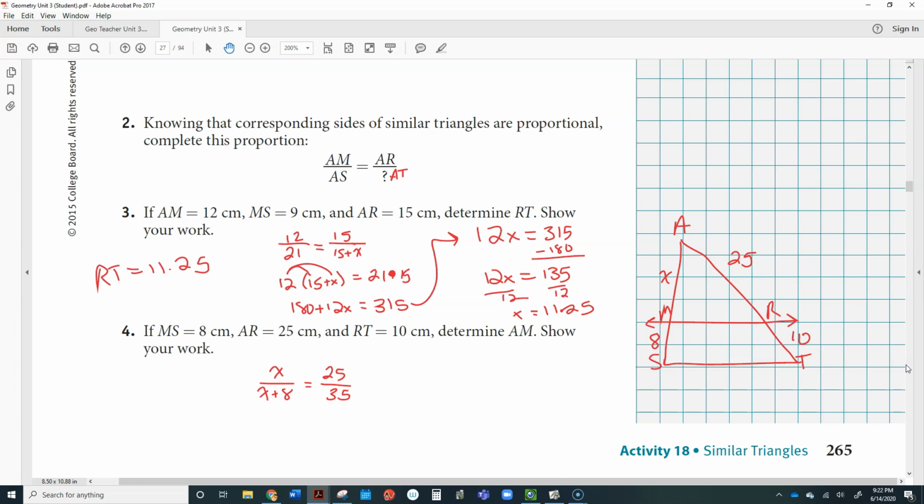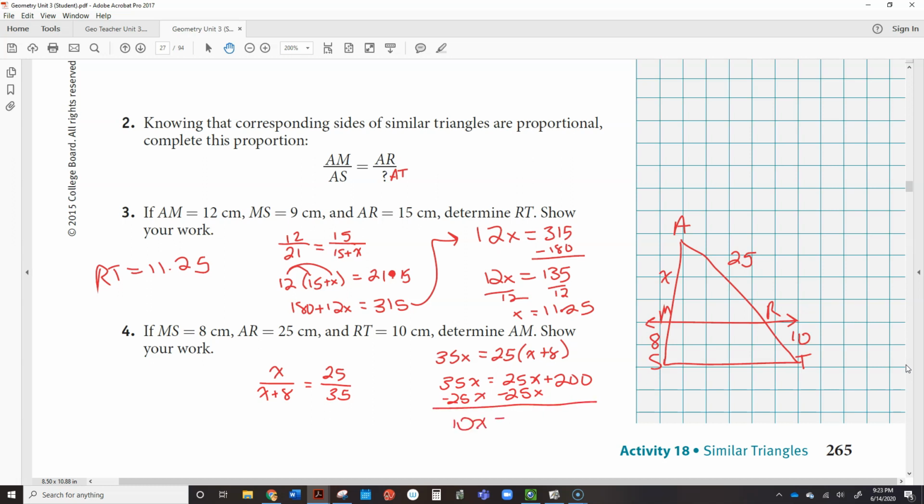You cross multiply. 35x is equal to 25 times x plus 8. So 35x equals 25x plus, what's 25 times 8? 25, 8 quarters, that's 200. And this time I'm going to subtract 25 x's from both sides, so all of my x's will be on the left-hand side.